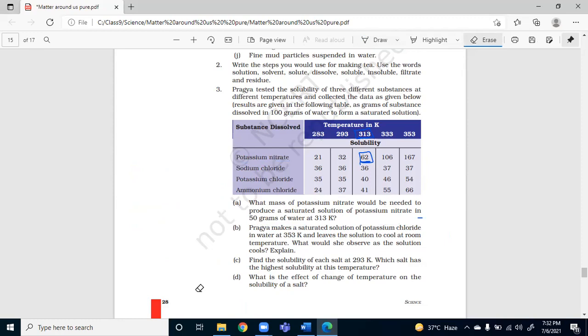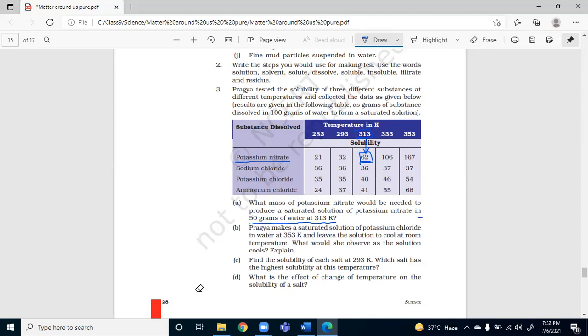See, this is Divyansh. In the question, you need to find the mass of potassium nitrate. So in this table, you have to search potassium nitrate that would be needed to produce a saturated solution in 50 gram of water at 313 Kelvin. You can see at 313 Kelvin, we require 62 gram of potassium nitrate for 100 gram of water.